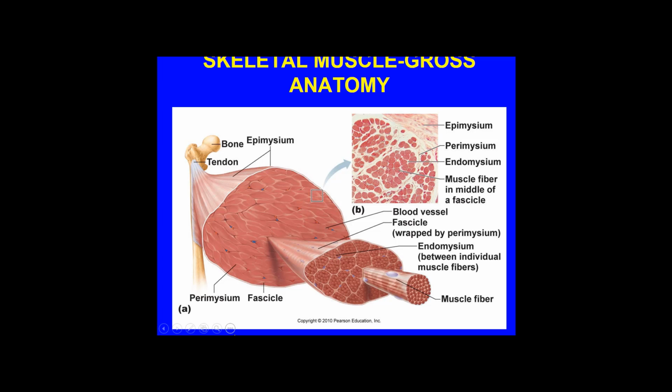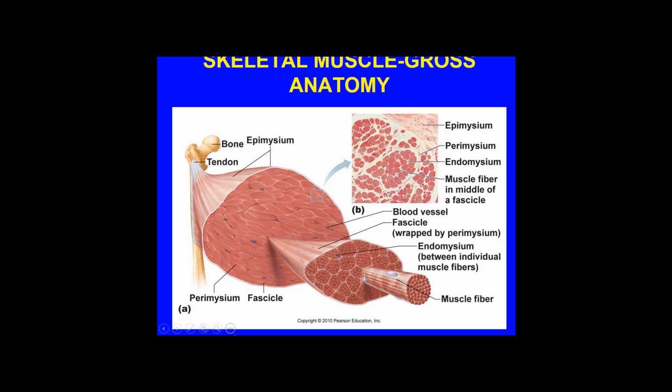But wait, we have more. Yes, it sounds like an infomercial. We have something in between because we have these bundles of muscle fibers called fascicles. And so we have a perimysium, which means around the muscle, of fibrous connective tissue that surrounds the fascicles. Now, inside of a fascicle are individual muscle fibers.